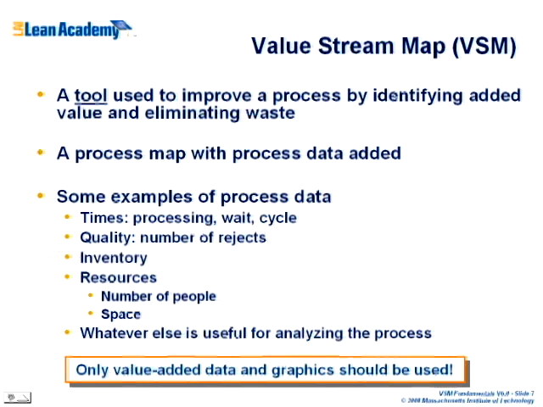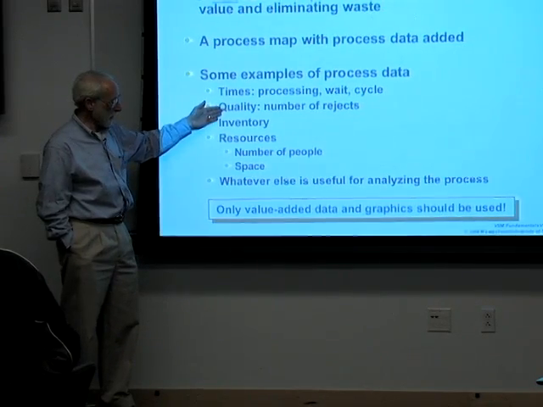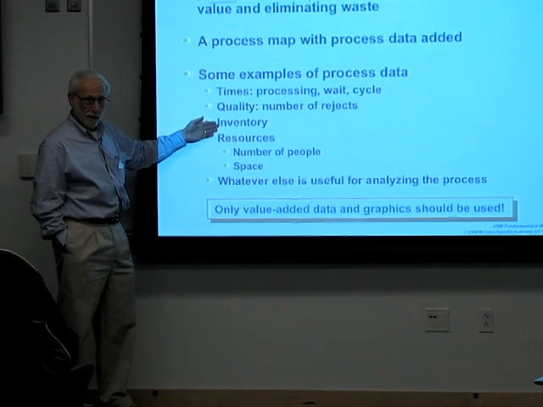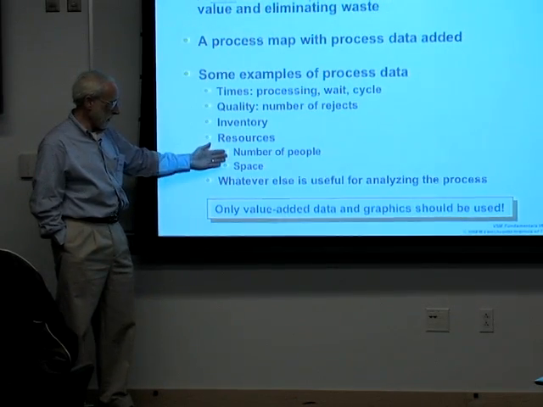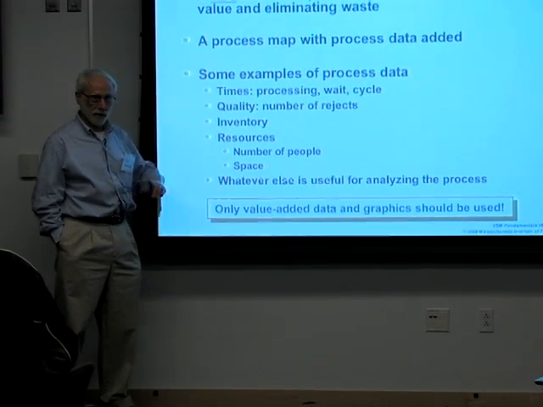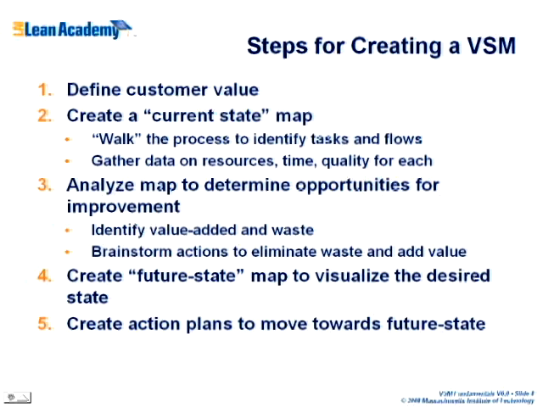Here are some typical ones, but you don't have to use all these data, use what's necessary. Usually times show up in there. Certainly if you have quality issues, you want to capture those. You may want to find out how much is in inventory. You might need to say how many people or how much space is being used. Another one that's often used is how far you're traveling. Whatever is useful, you want to capture for your value stream map.